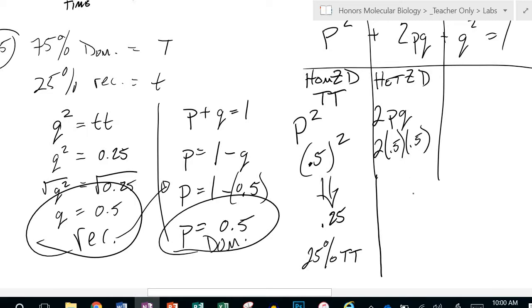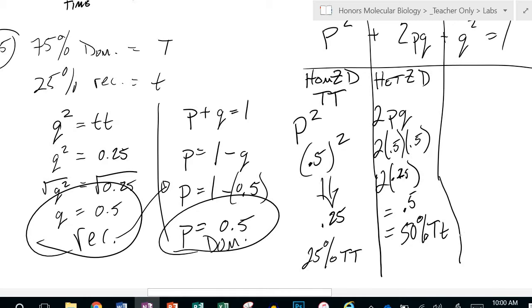Multiply them together. That gives us 0.25, and this will equal 0.5, which is equal to a 50% frequency of heterozygous dominant.